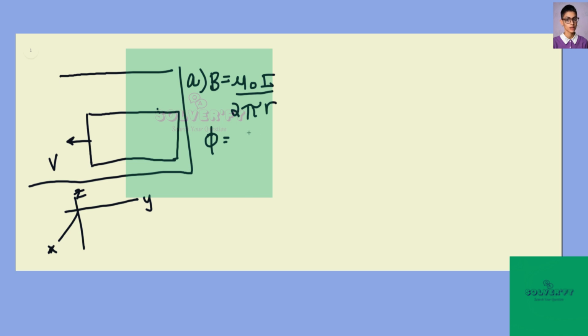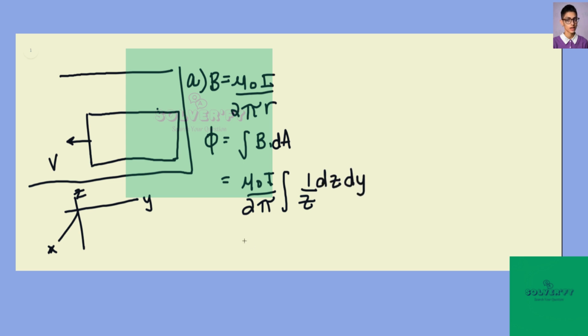It's going to be the integral of B dot dA, and B is mu naught I over 2 pi. In this case, our radial coordinate is going to be along the z-axis, so 1 over z, and then our dA is going to be dz dy. So this is a double integral.